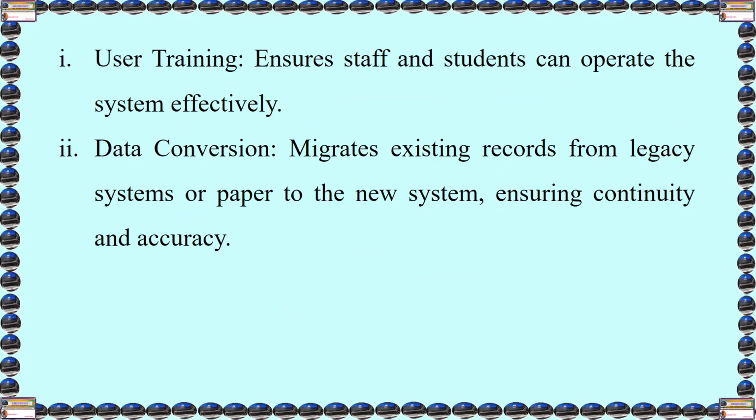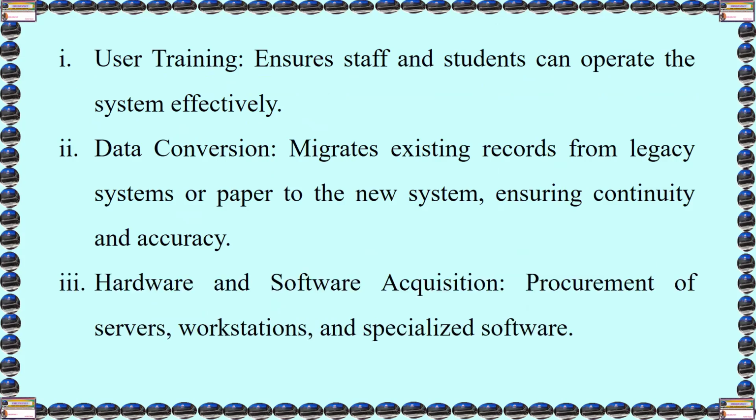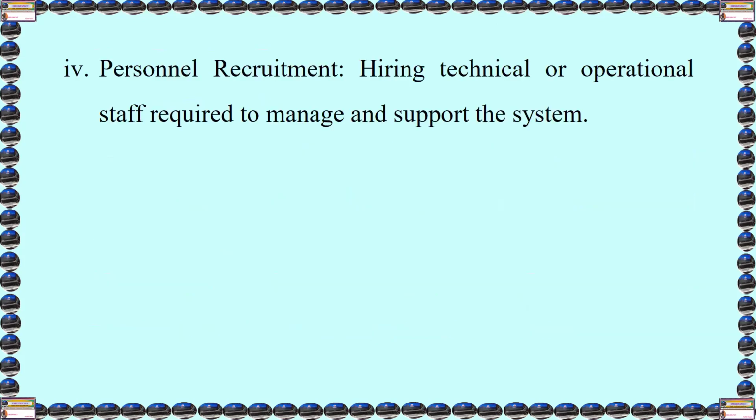It migrates existing records from legacy systems or paper to the new system, ensuring continuity and accuracy. Number three is hardware and software acquisition, which is generally procurement of the servers, the workstations, and specialized software. Number four is personnel recruitment, which entails hiring technical or operational staff that are required to manage and support the system.